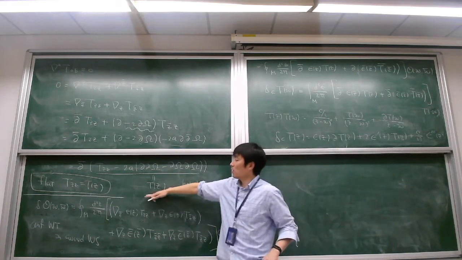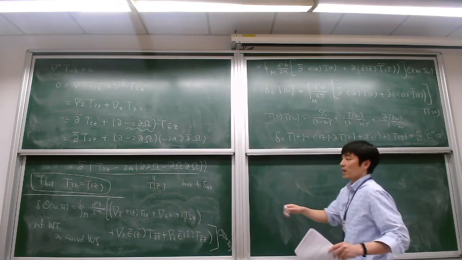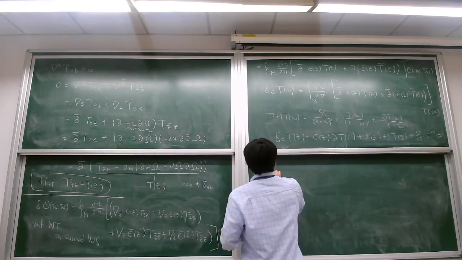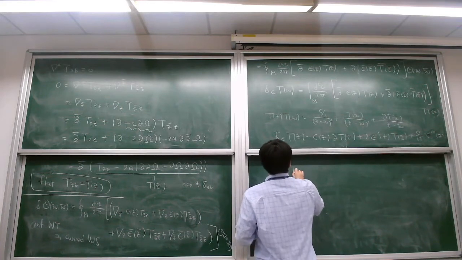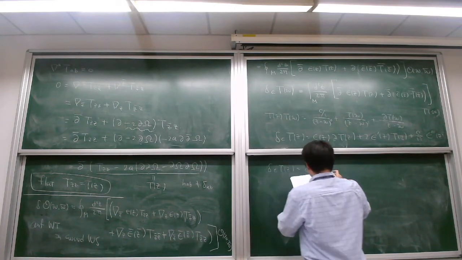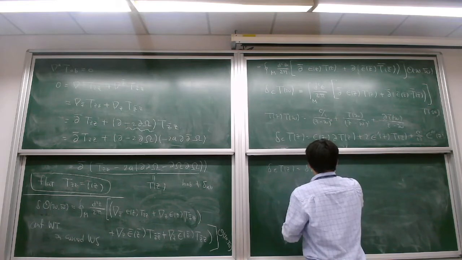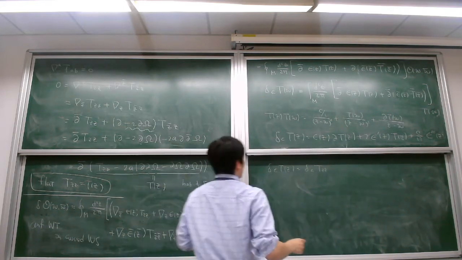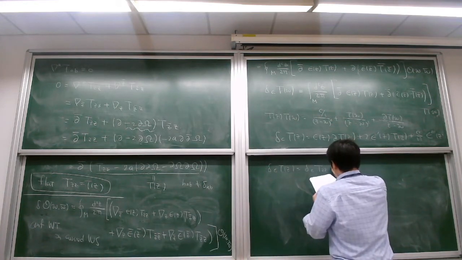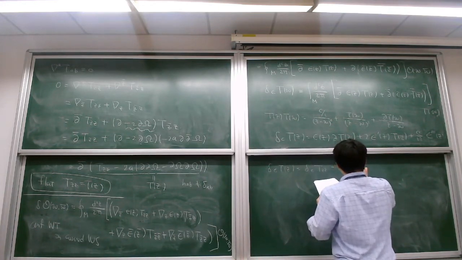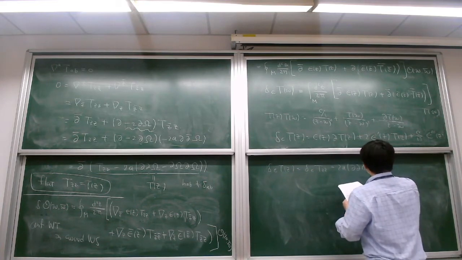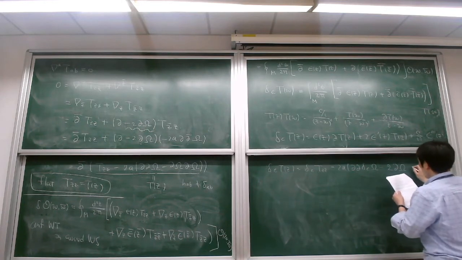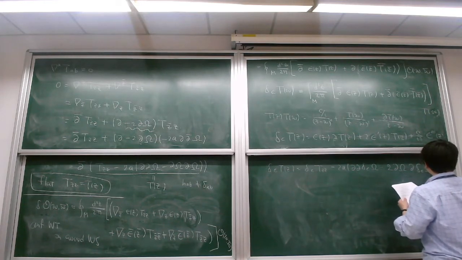Here we take the variation with respect to this relation, so delta epsilon T_zz is just delta epsilon T_zz bar, not T_zz, T_zz plus minus 2 a delta epsilon omega minus 2 del omega delta epsilon omega.